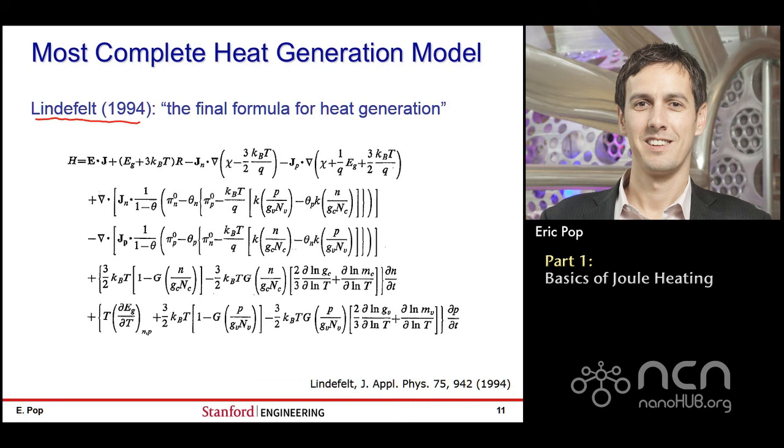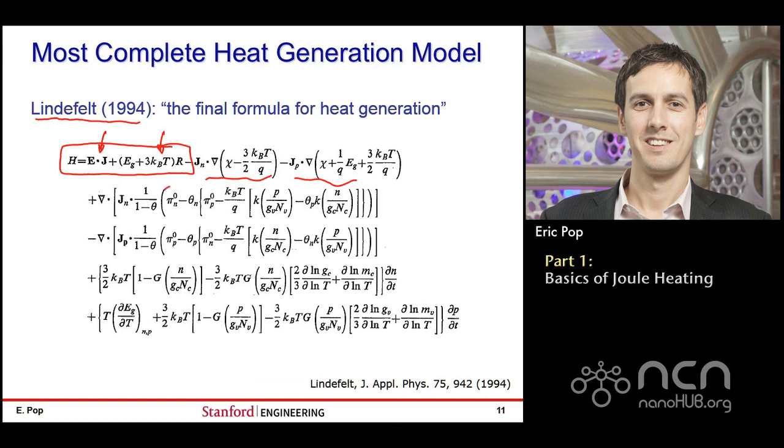Of course, we recognize the most important terms in the heat generation regime are the dot product of electric field and current density, then the net non-radiative recombination multiplied by the band gap plus 3/2 kT. Then we have gradient terms in terms of the electron affinity.